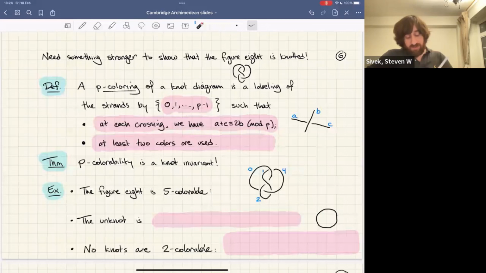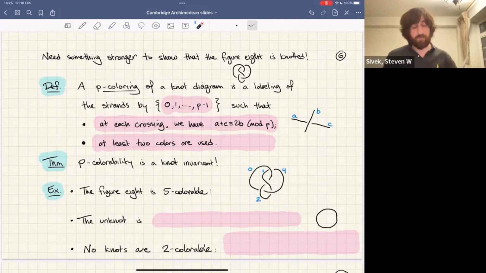So as an example, here's the diagram for the figure 8 knot again, and I've labeled the strands with colors from 0 through 4, and they satisfy exactly the right conditions mod p. So for example, right here at this top crossing, we need 1 plus 4 is congruent to twice 0 mod 5. That's 5 is congruent to 0 mod 5, and that's satisfied. And you can check at the other 3 crossings as well.